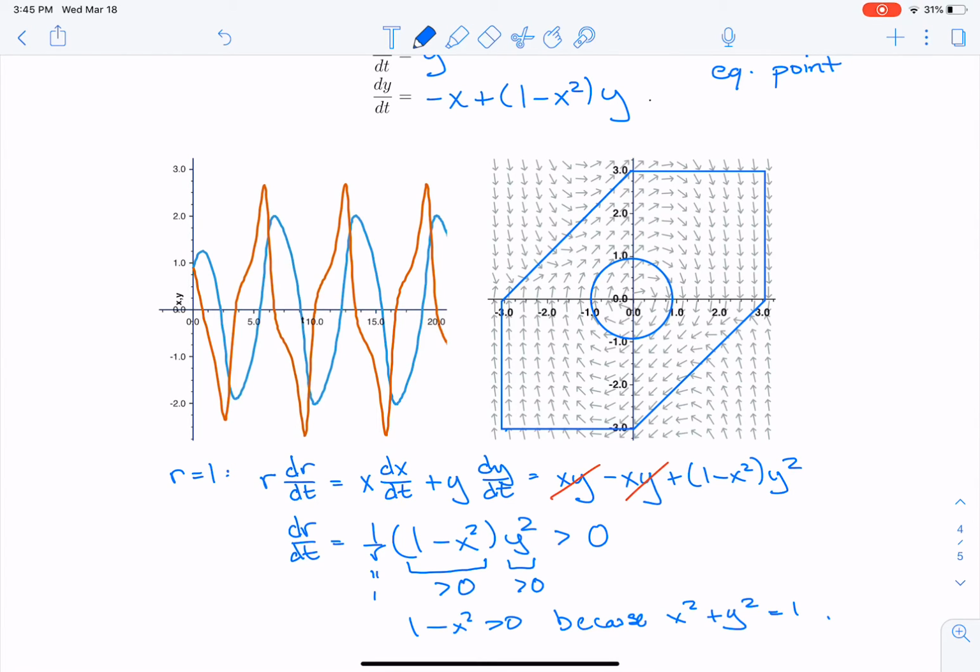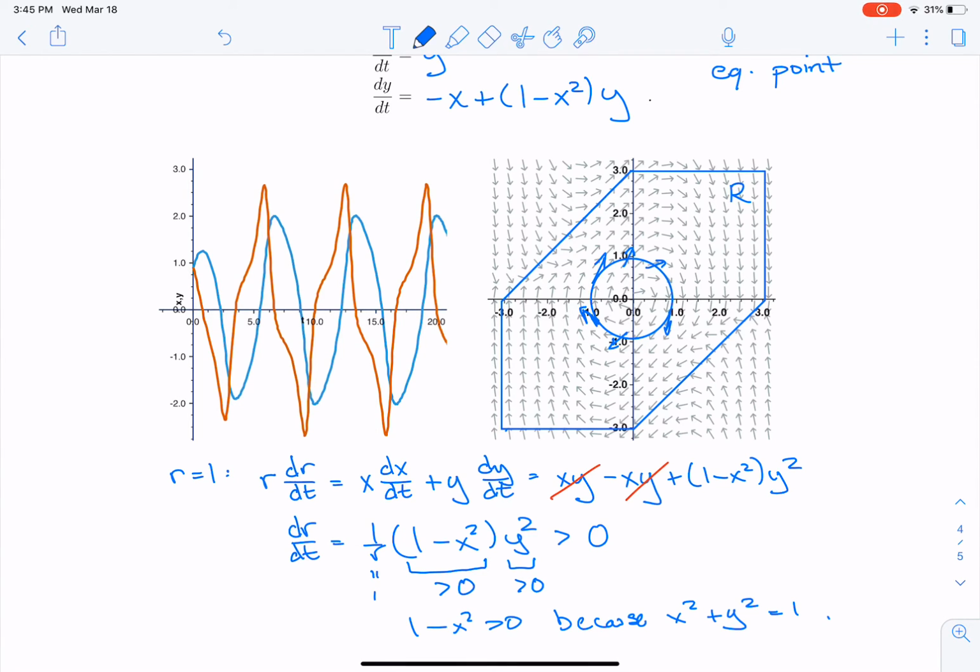And so that means that solutions that are near r equals 1 are going to be pushed back outward, and so they're going to remain outside of r equals 1, because the derivative of the radius with respect to t is positive. That'll push solutions outward into our region R.